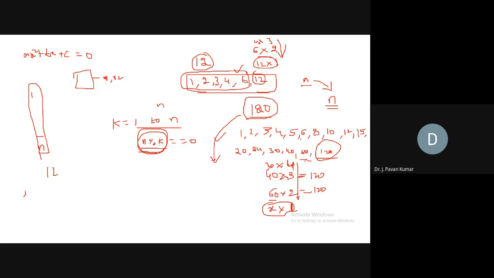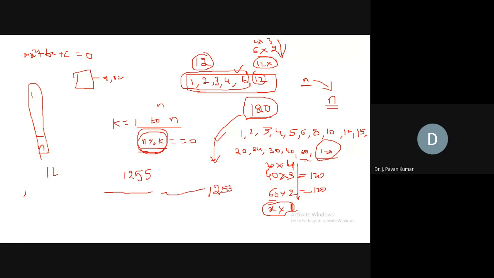Like for 120, after 60, we will not have any factor other than 120 itself. Similarly, for 1255, up to what extent do we have to go? What are the factors of 1255? After half of that particular number, we will not have any other factor other than 1255.